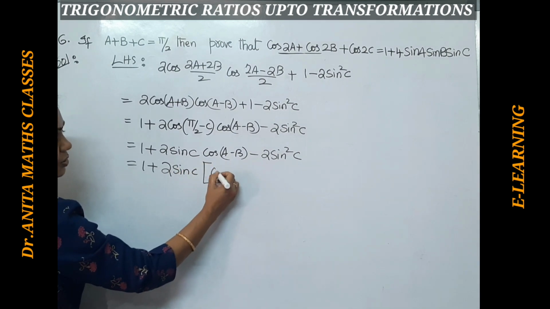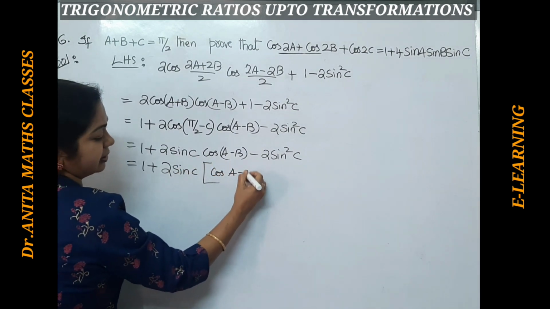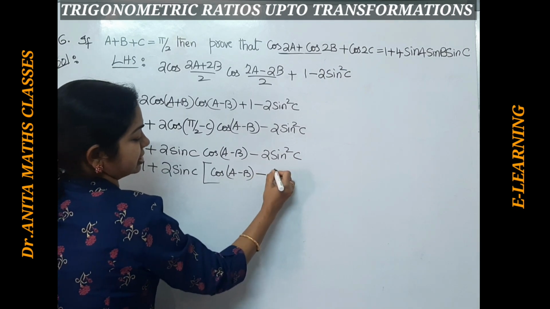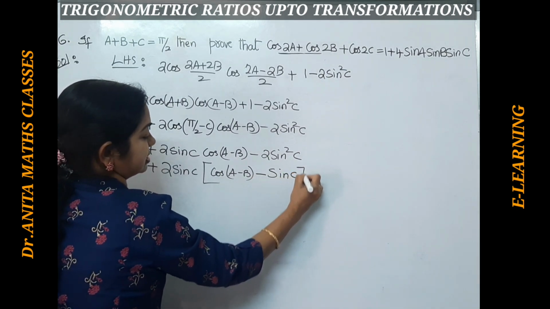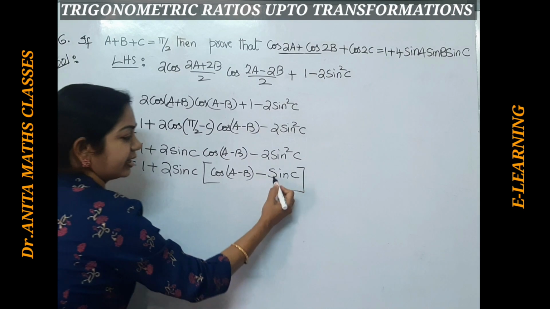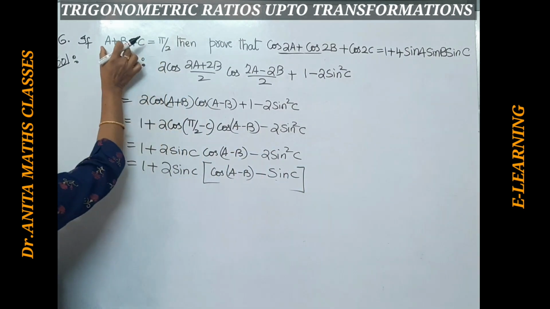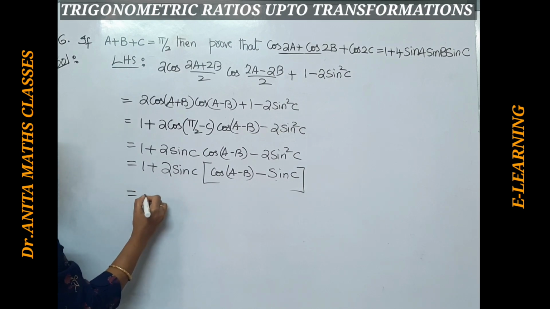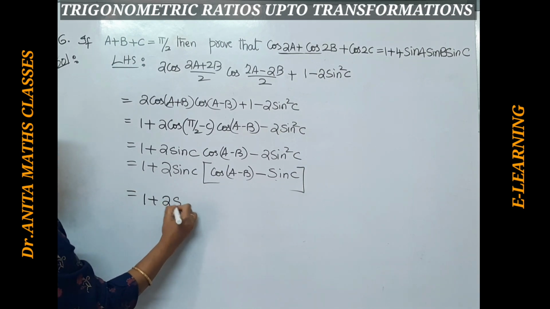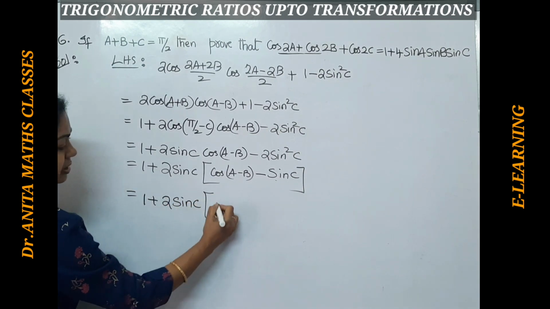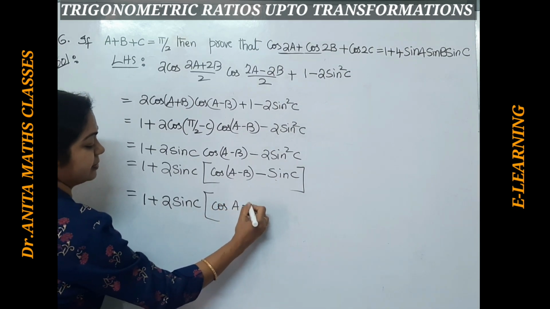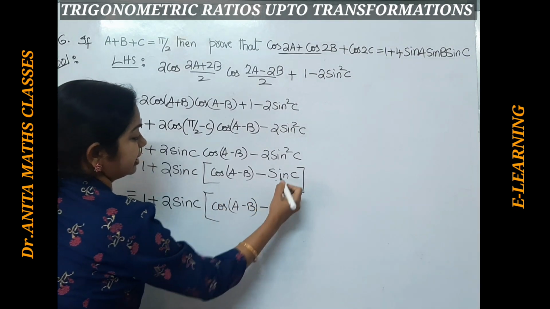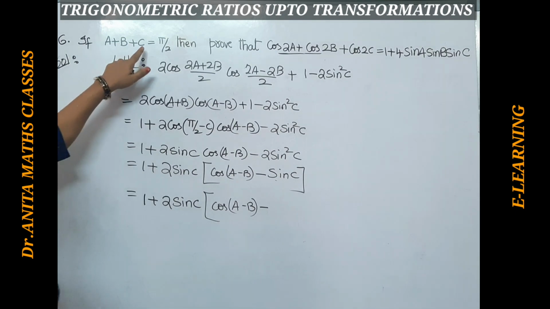So that becomes 1 plus 2 sin C times cos of A minus B minus sin C. So again we can write sin C as sin of pi by 2 minus A plus B, likewise.